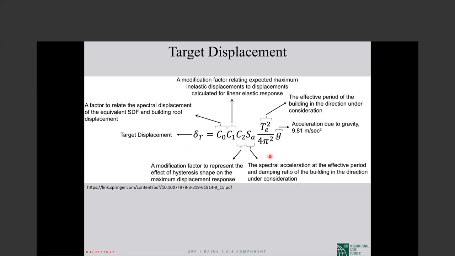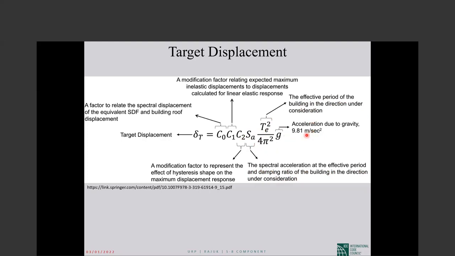SA is the input for the level of the earthquake that we should check: the spectral acceleration at the effective period and damping ratio of the building in the direction under consideration. Then we need to change the acceleration to displacement by dividing by omega squared. And T_e is the effective period of the building in the direction under consideration.